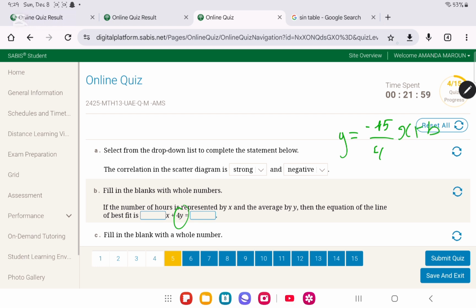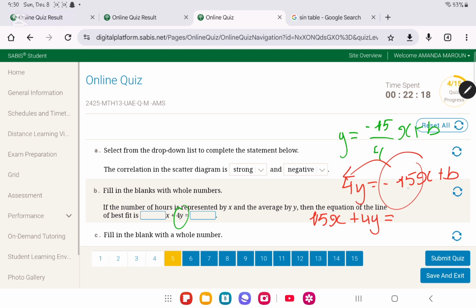For it to be 4y, that means we have to multiply everything by 4. So now 4y is equal to minus 15x plus 4b. We move the minus 15x to the other side, so 15x plus 4y is equal to, my bad, I forgot the 4b, is equal to 4b. And this is how our equation looks like.